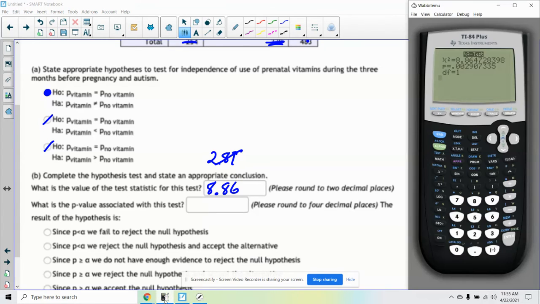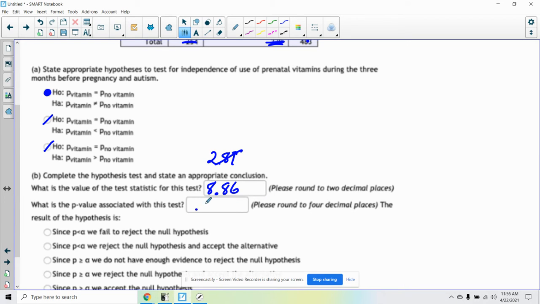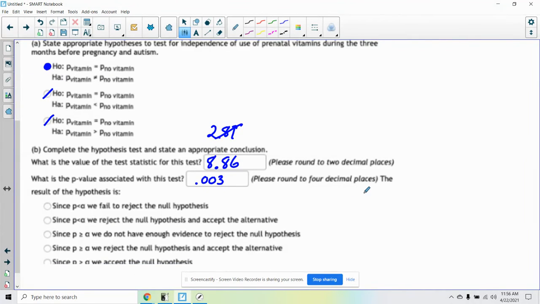The p-value associated with it is 0.0029 or 0.003. Even to 4 places is 0.003. So the p is low, is lower than alpha. When the p is low, we reject H0. P is low, reject H0.